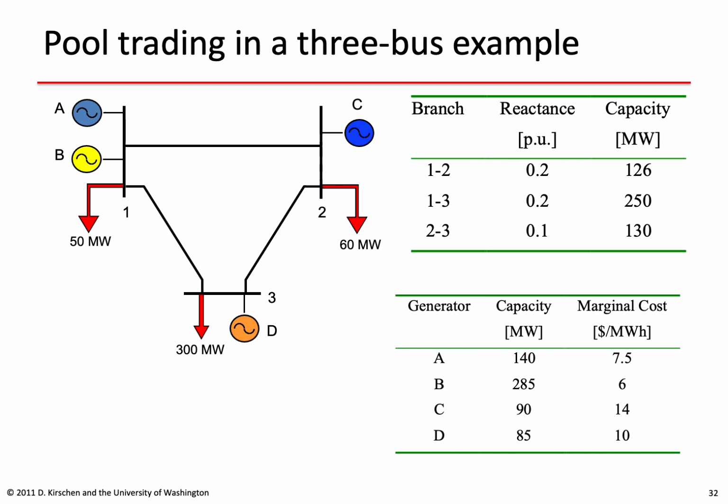So we are assuming very simple, linear cost curves here, and we can see that generators A and B located at bus 1 are the cheap generators. Generator C at bus 2 is the most expensive, and generator D at bus 3 is in between, but the biggest load is connected to bus 3.